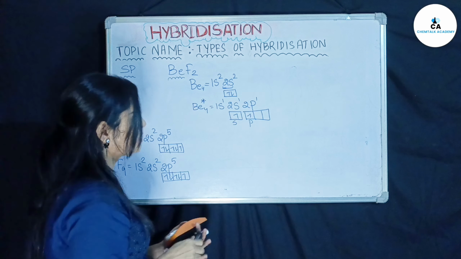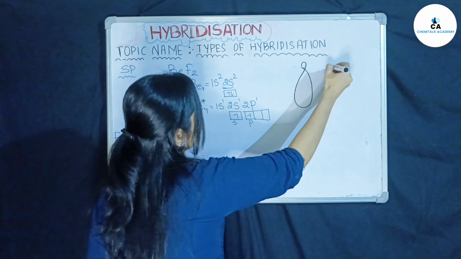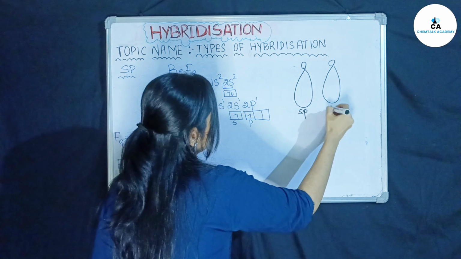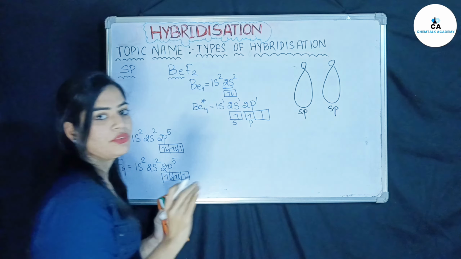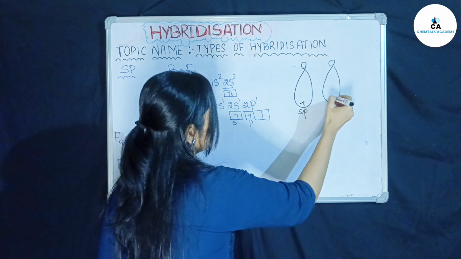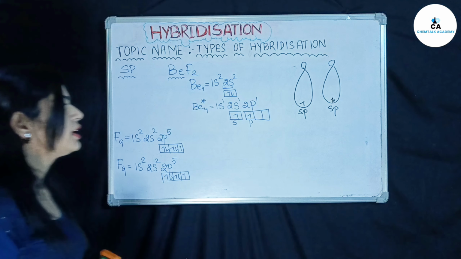In order we will get what? 2 sp hybrid orbitals of equal energy, equal shape and equal size. Now it contains one unpaired electron.